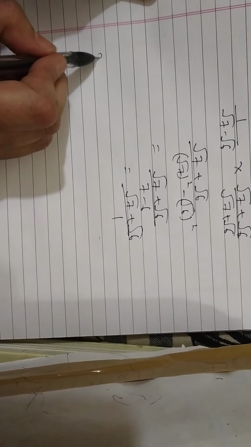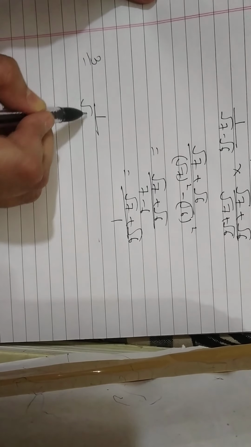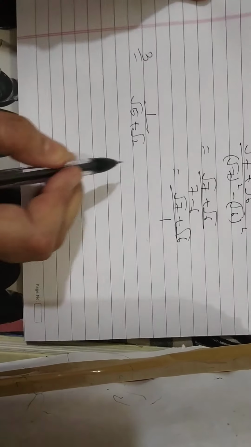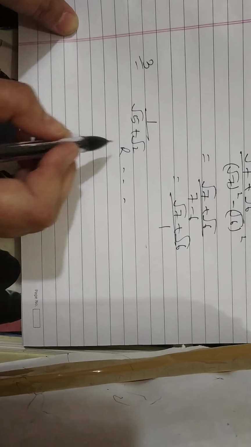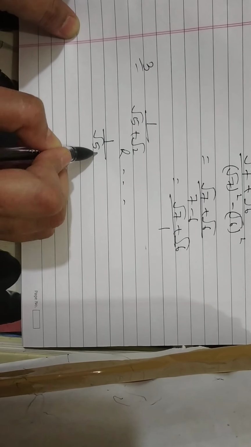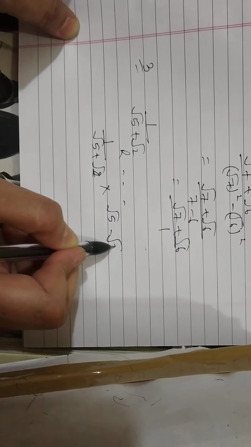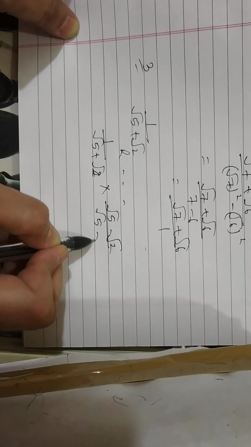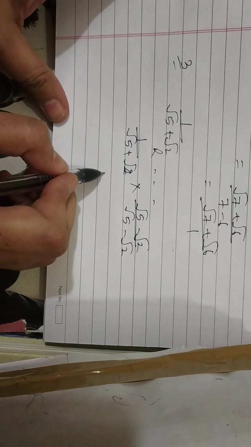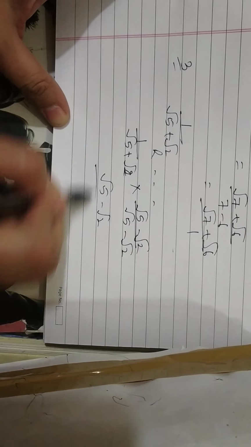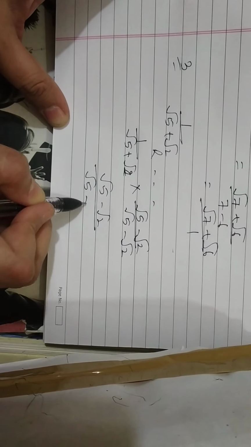We'll take the third problem. 1 upon root 5 plus root 2. Rationalizing the denominator. So, 1 upon root 5 plus root 2 into root 5 minus root 2 upon root 5 minus root 2. So the numerator will be as it is.